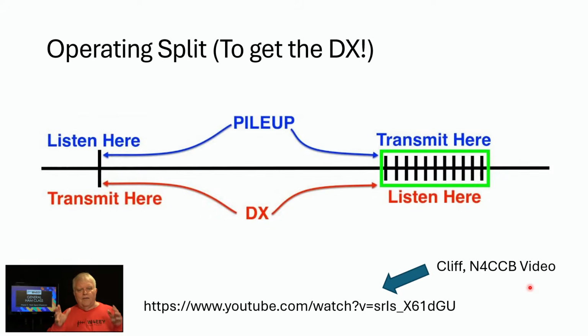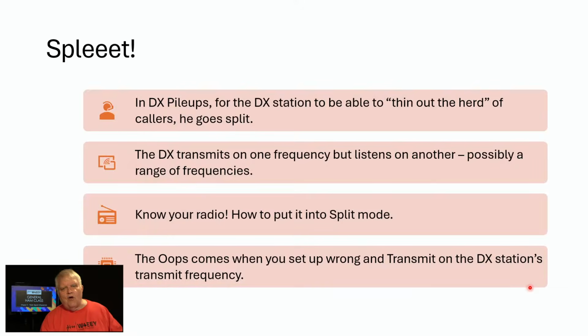And that's where knowing your radio and how to set it up for split operation is important. You'll hear the Italians call it split, split. That's when operators don't know it's split operation and they transmit on the DX frequency. You need to know how to put your radio into split operation.